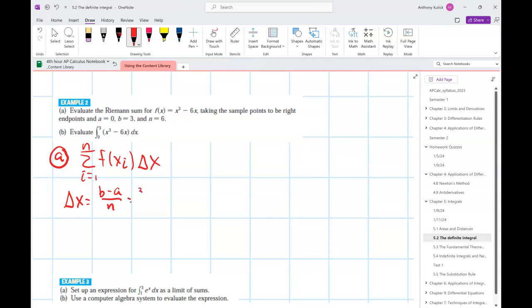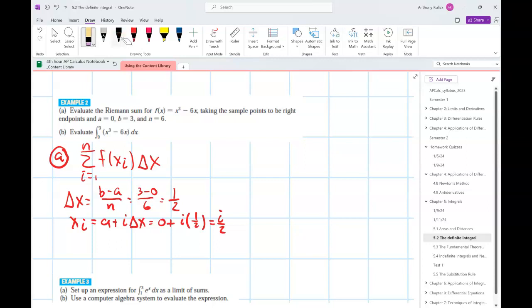In this problem, that's 3 minus 0 over 6, so 1/2. And I'm going to calculate xi, which is a plus i delta x, which is 0 plus i times 1/2, or i over 2. So far, so good.